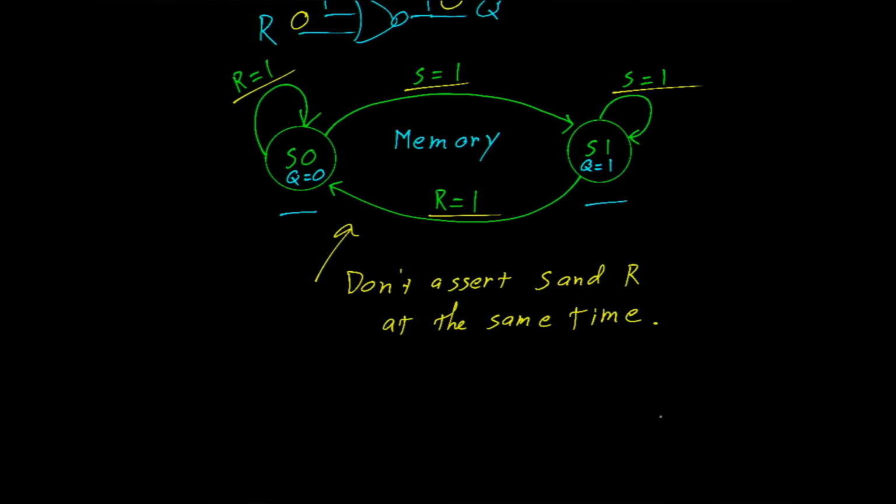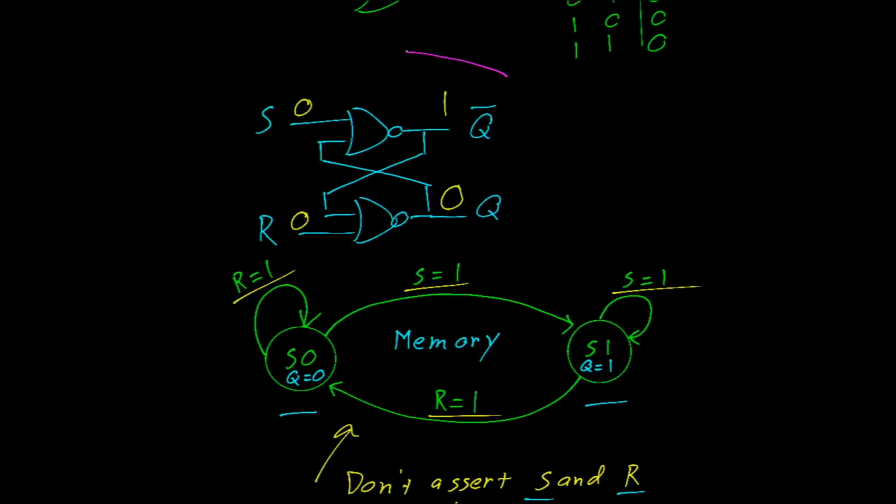That would lead to what we call undefined behavior, which is another way of saying we have no idea what the circuit will do when you assert both S and R. At this point, I would ask you to open your textbook and find the section that introduces this circuit.